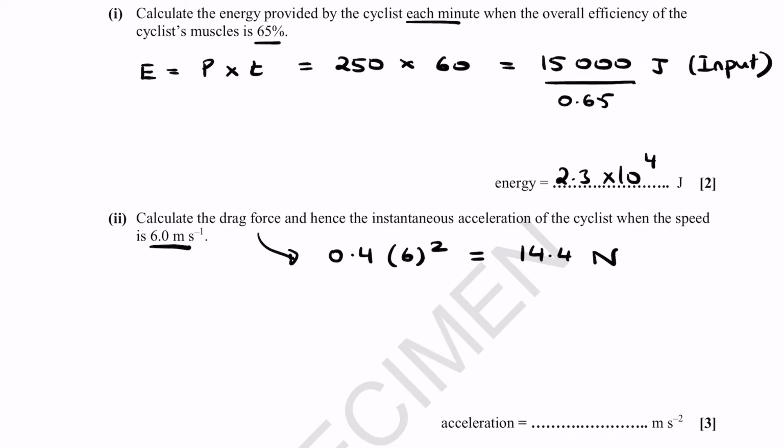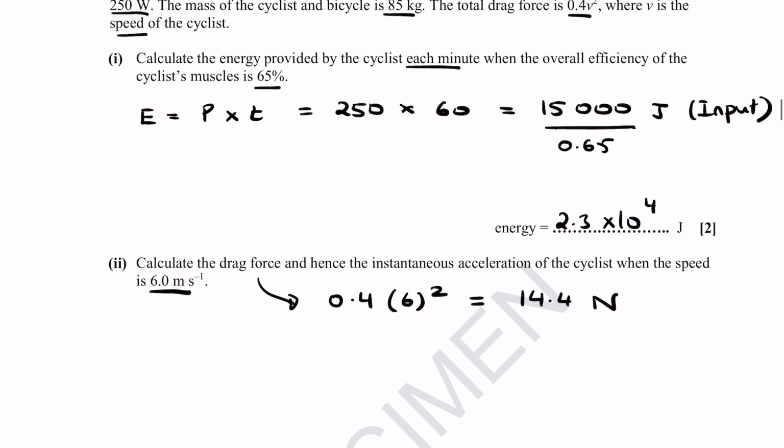Now, I need to work out the instantaneous acceleration, for which I have to consider the resultant force. So I'm going to calculate the forward force, which is due to the power of 250 watts. Power is equal to force times velocity, so F is equal to 250 over 6, which is 41.7 newtons.